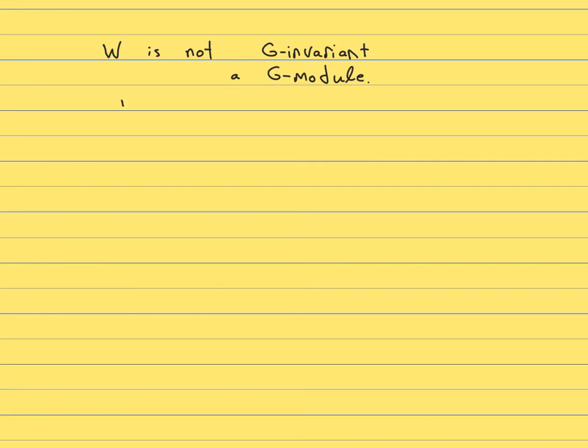But from it we have this linear transformation from V to U. This projection map. And V and U are both G modules. So that brings up a natural question.